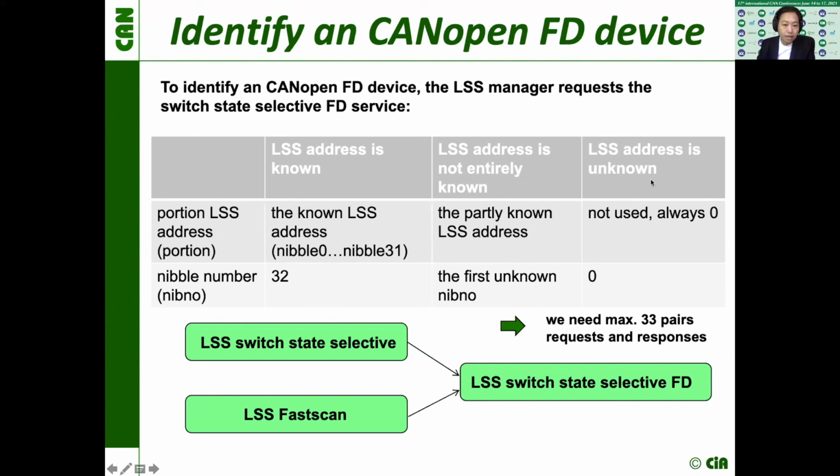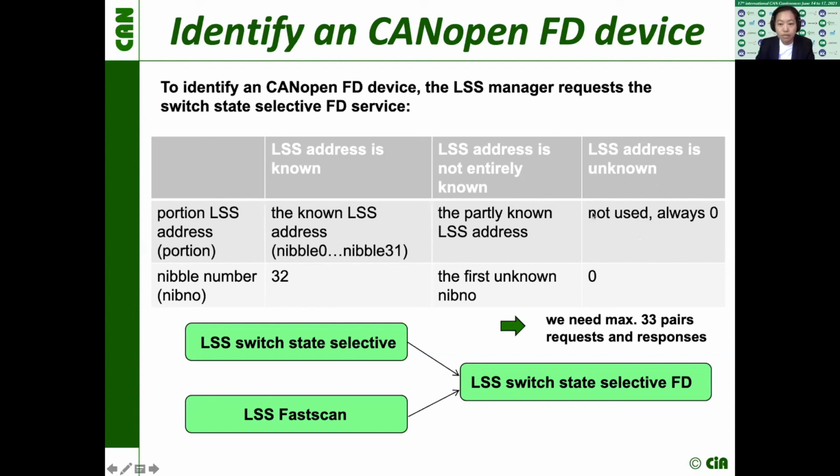For the use case where the LSS address is completely unknown, that means we don't have any value of a neighbor, so the portion is still not used and we set it to 0. We should ask for the value of the neighbor 0, so we set the neighbor number to 0.